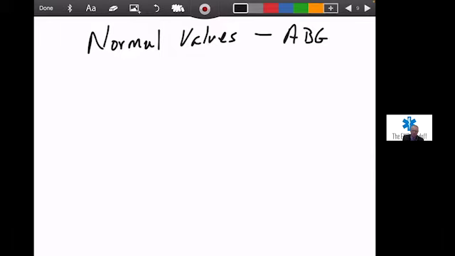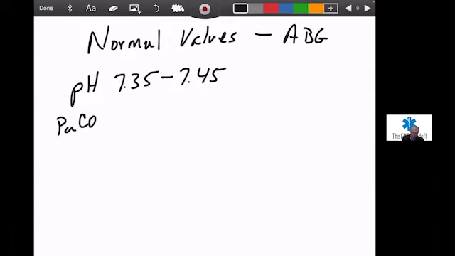The normal ABG values are: pH is 7.35 to 7.45. For PaCO2, the normal range is 35 to 45.